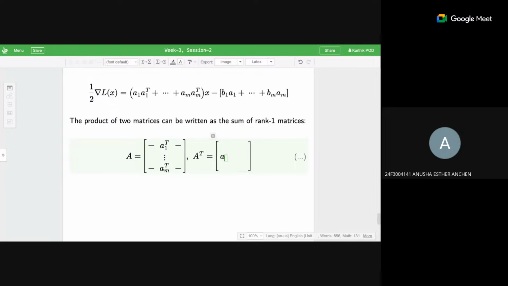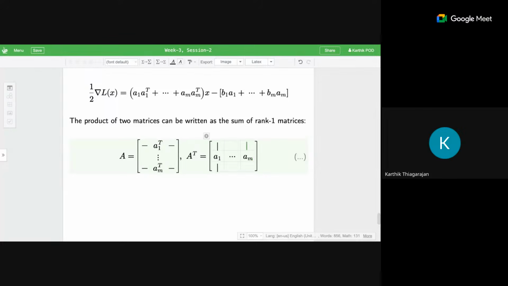A1, yeah, exactly. A1, A2, and so on till Am. I hope that is clear. We are just swapping: A1 transpose is a row, means A1 is the corresponding column. So I'm just going to write it this way. I'm going to move this here, and you will see why that is useful.